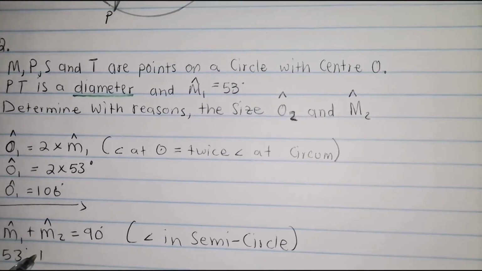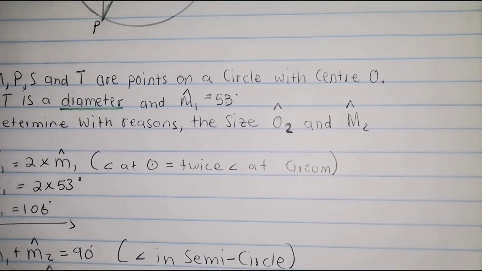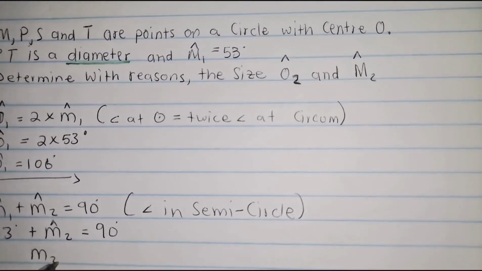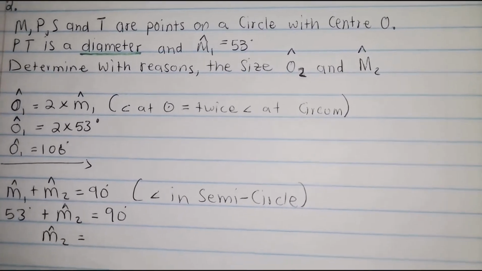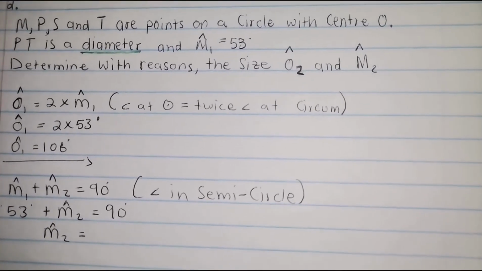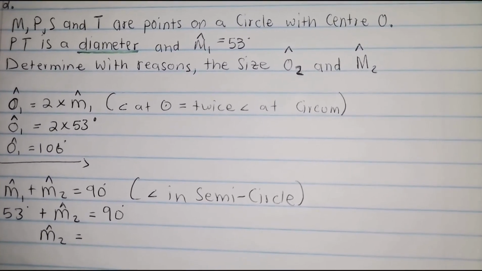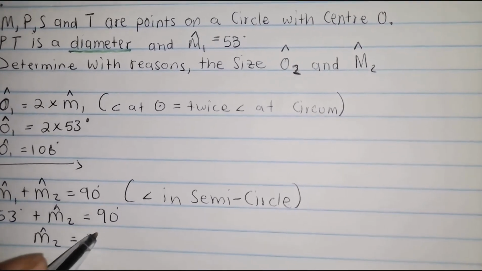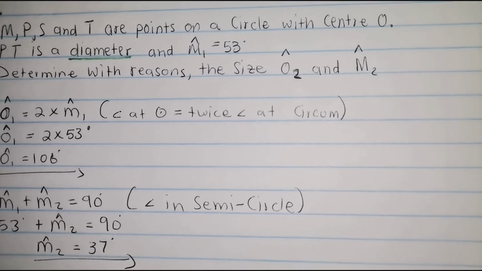By substituting where you see M1, you put in 53 and transpose that 53 to the right hand side, and you see that 90 minus 53 is going to be 37. Then this is the value of M2.